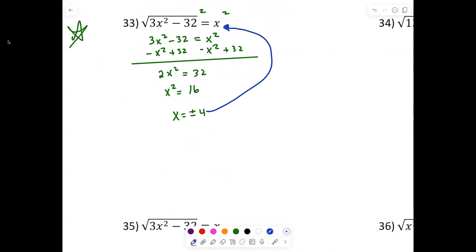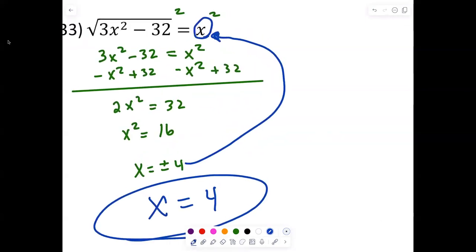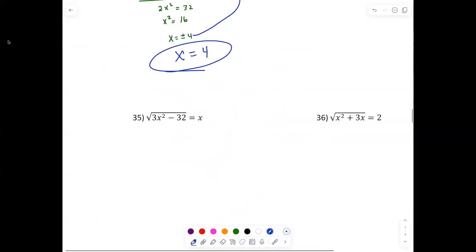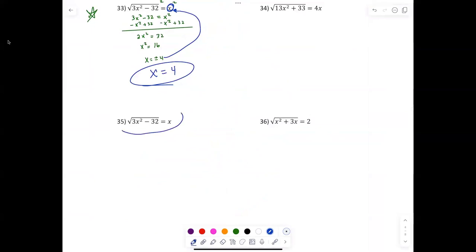No, that is an extraneous solution. So the only answer is what? 4. X equals 4. All right. The only time you have to worry about it is when it's equal to a variable. All right. Hopefully that made sense. Oh, yeah. Thank you very much. Colton's 33 and 35 were the same.